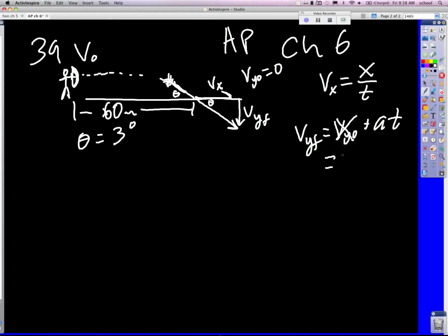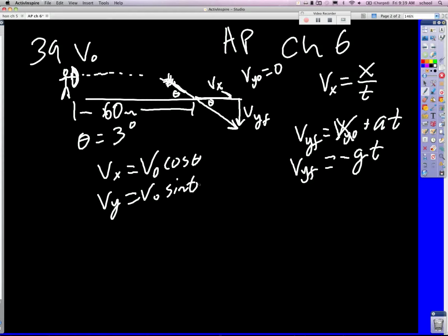Does this help us? I think so. We can say Vx is V0 cos theta, and we can say Vy is V0 sine theta. So now that gives us V0 sine theta is equal to negative GT, and we have V0 cos theta is equal to x over t.